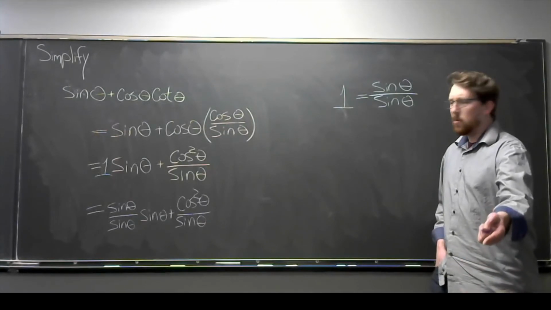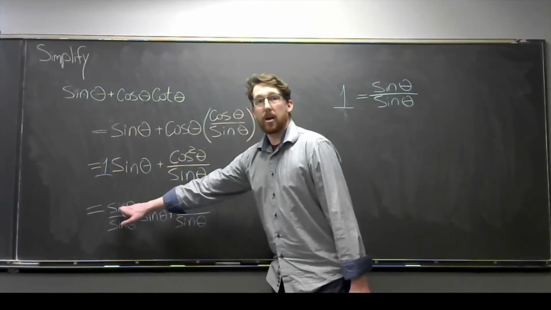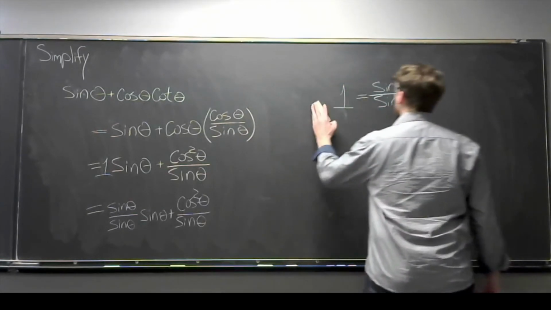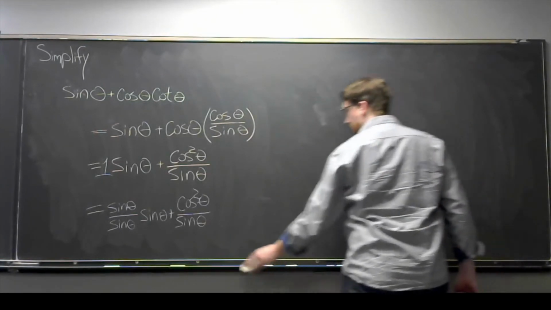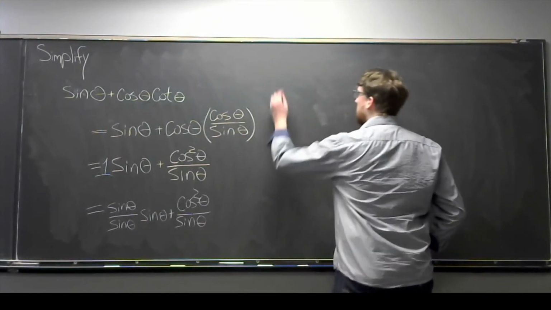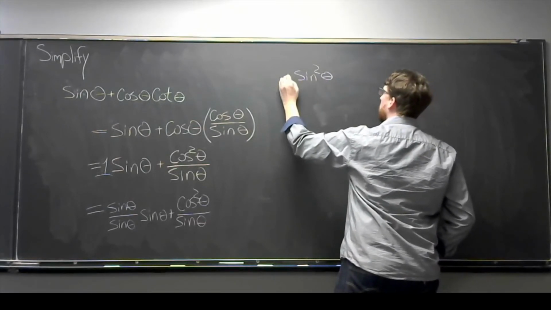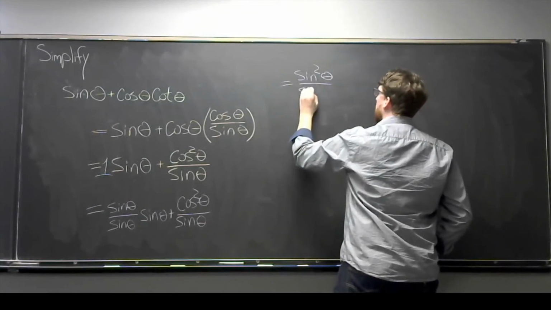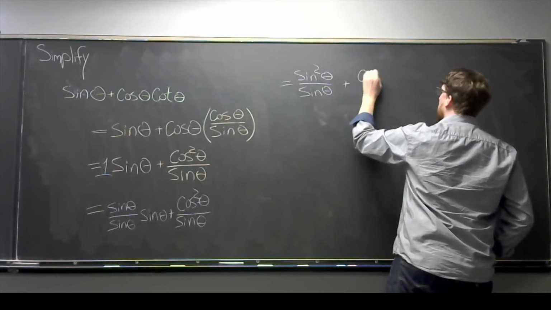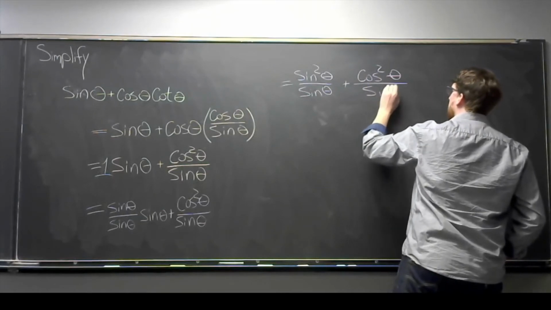Well, now I can multiply this sine theta and that sine theta, that top one. When we do, we're going to get sine squared theta over sine theta plus cosine squared theta over sine theta.